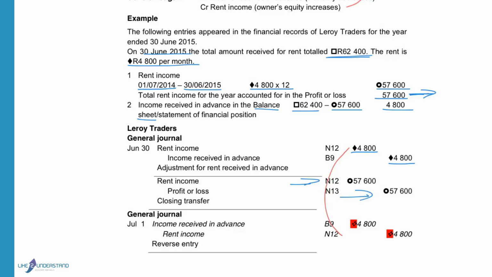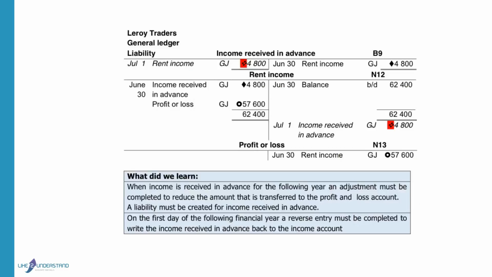At the end of the year, I credited income received in advance. At the beginning of the next year, we will debit it. In the rent income account, we have a balance of 62,400. So every time during the year that we received money, we debited the bank and we credited rent income.